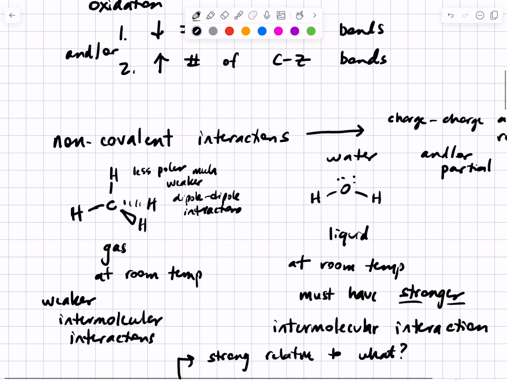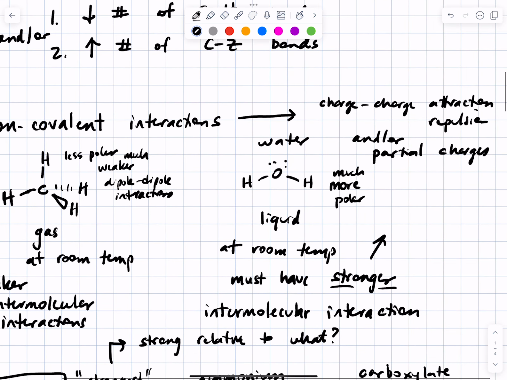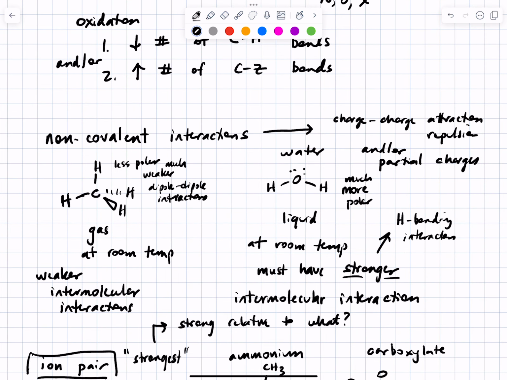In contrast, the OH bond is much more polar, which leads to stronger hydrogen bonding interactions. So water molecules are held more tightly to each other than methane molecules are.